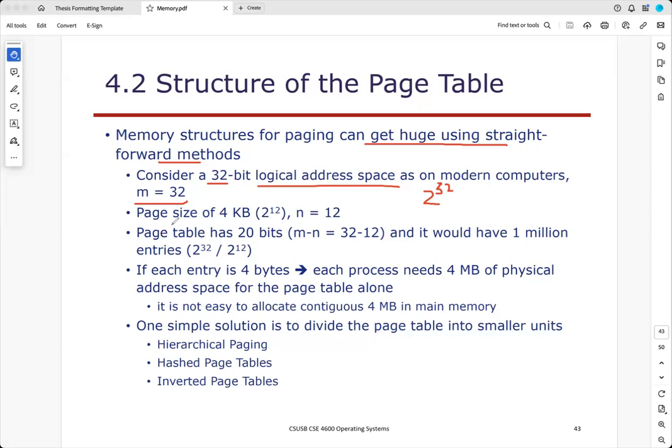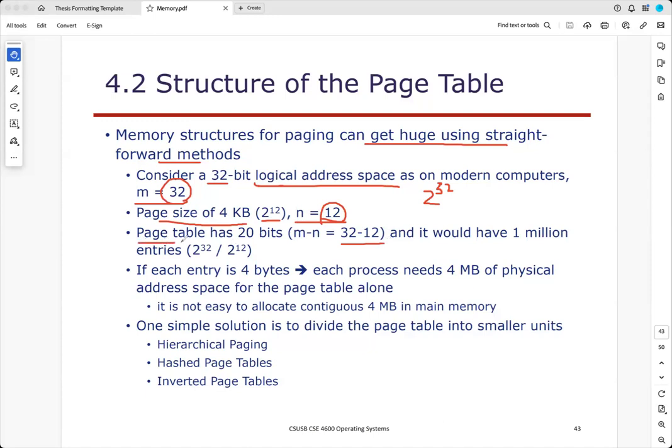Now assuming the page size is 4 kilobytes. 4 kilobytes is equal to 2 to the 12, so n equal to 12. The page offset has 12 bits. The logical address has 32 bits and the page offset has 12 bits, so the page number has 32 minus 12, which is 20 bits.